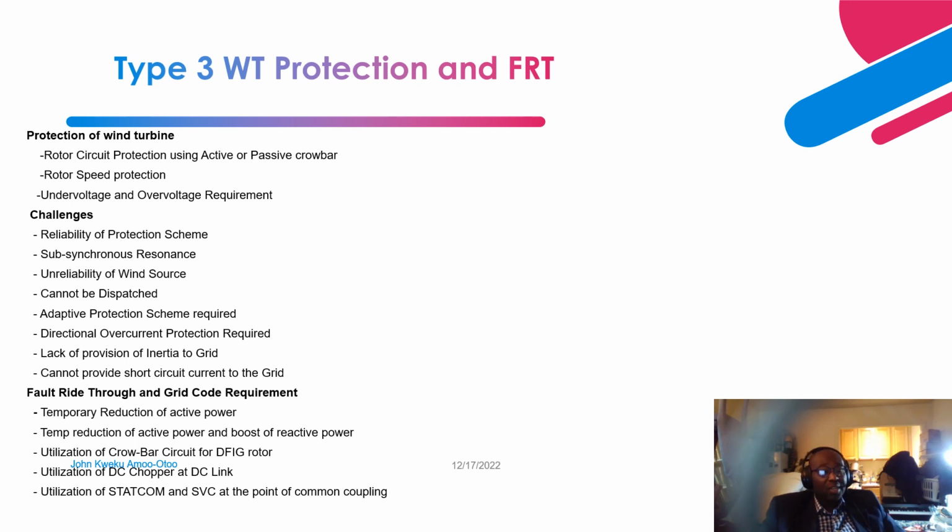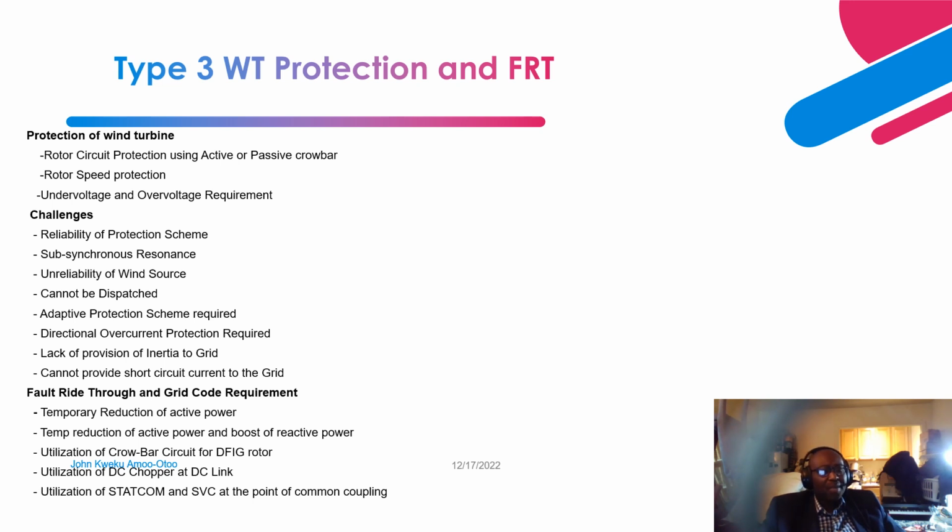Next is directional overcurrent protection. It is required. Okay, so you have a wind farm that is arranged in an array, right? So when a fault occurs on either side of, or at different locations of, the array arrangement, it's going to generate different magnitudes and different directions of current.